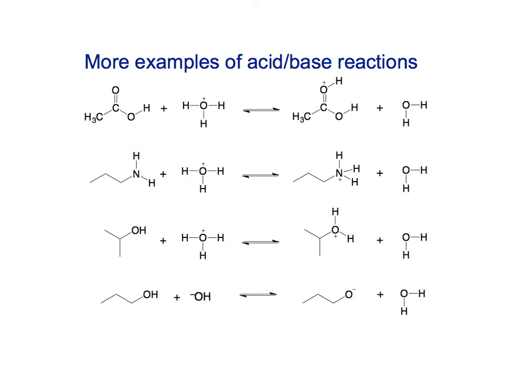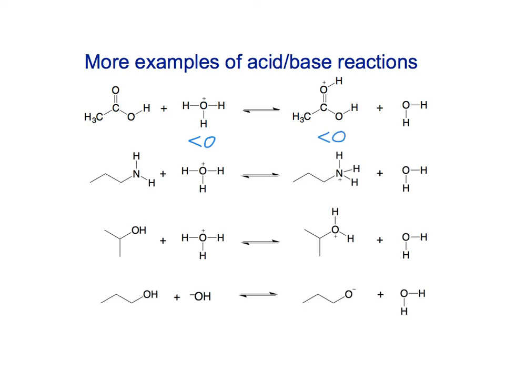Here are all of the reactions that we already figured out, with the products that we drew before. Now we're going to compare the pKa of the acid on the left. Hydronium ion is the acid on the left. We said it had a pKa of less than 0. The protonated acetic acid on the right has a pKa of less than 0 as well.